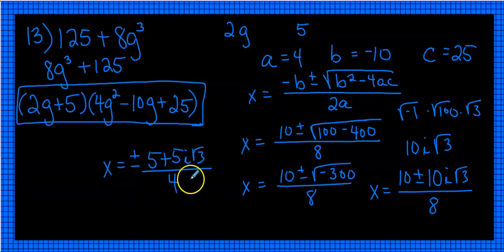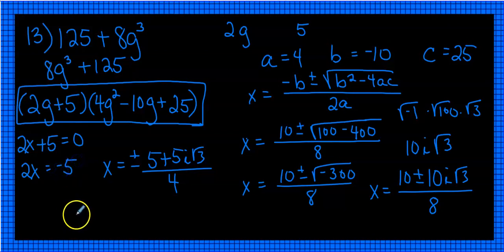This is positive this and negative this. And then my other one, you can use X or G, it doesn't matter, I'll use an X. 2x plus 5 equals 0. 2x equals negative 5. And I did actually graph this, and you could see that one of the roots was at negative 2.5. X equals negative 5/2, which is that negative 2.5.